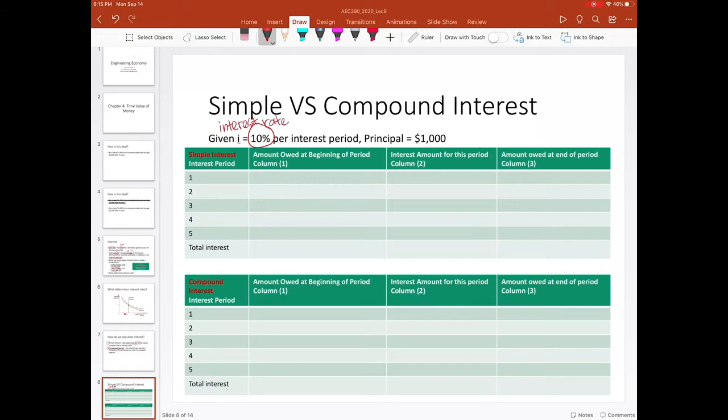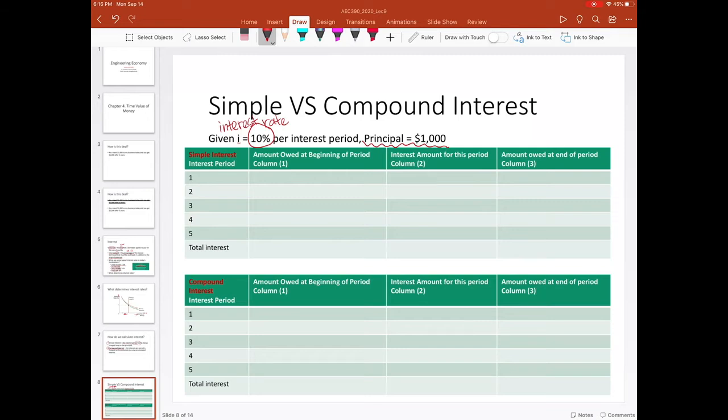So an interest rate of 10% means after every month or after every year, depending on how frequently it's calculated, 10% of the initial amount or 10% of the base amount needs to be paid as interest. Okay? And then we know that the initial principal, or the initial amount of money you borrowed from that bank, is 1,000. So this is the given condition.